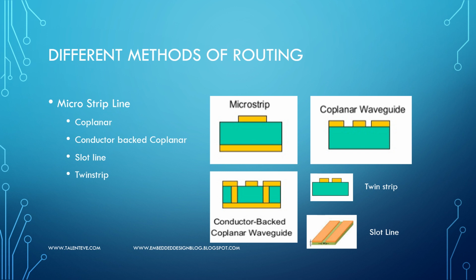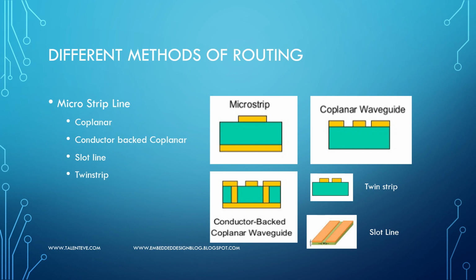Coming to the microstrip line, the microstrip line is nothing but the normal routing that you do on the top and bottom layer of the PCB. This is called microstrip line, where there won't be any layer above the microstrip. In microstrip there is also something called embedded microstrip, where if you have some solder mask on top of the laid out layer, then there is a layer above this microstrip.